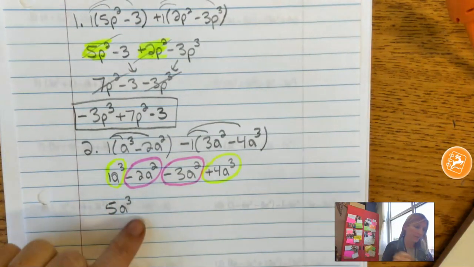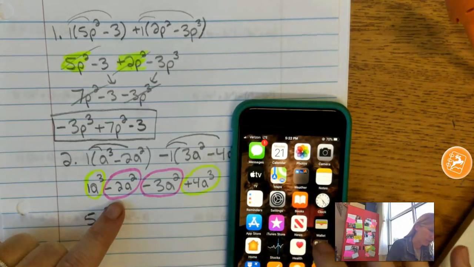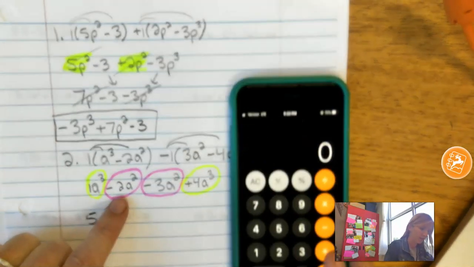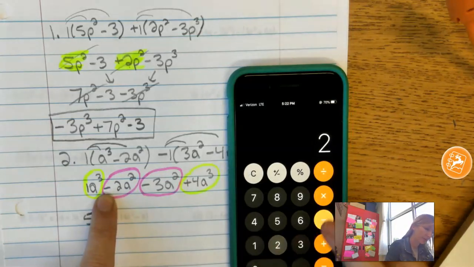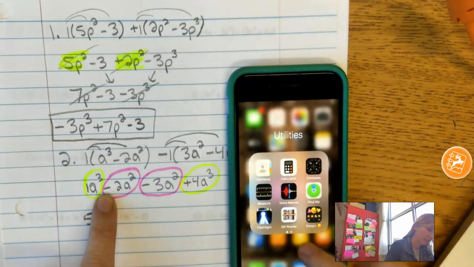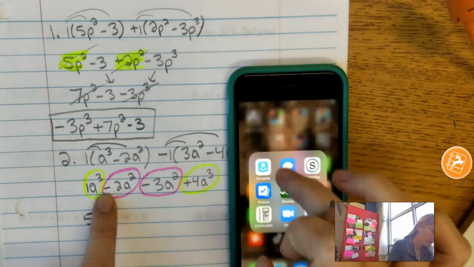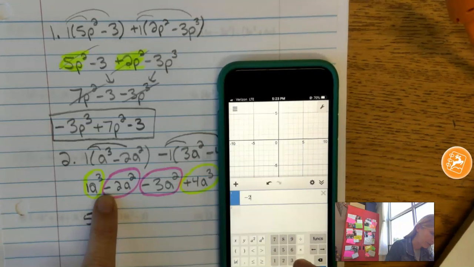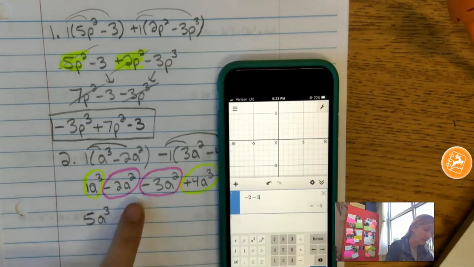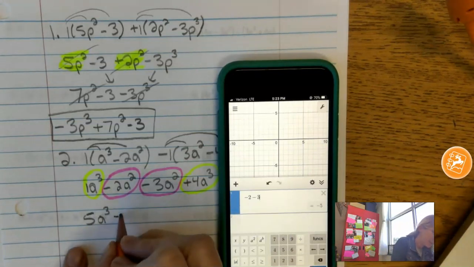Then over here, I always want to be careful when I'm combining my negatives. So I have a negative 2. Let me just go to Desmos instead of that. Negative 2 minus 3 is going to give me a negative 5.